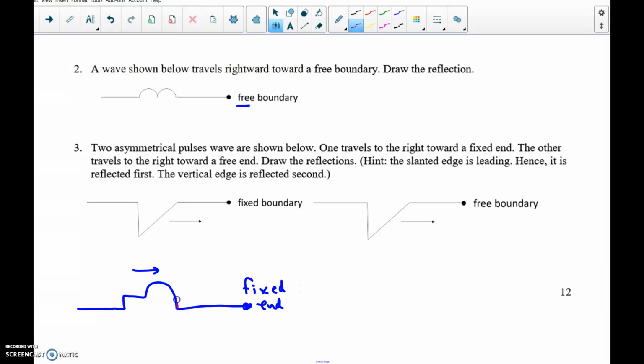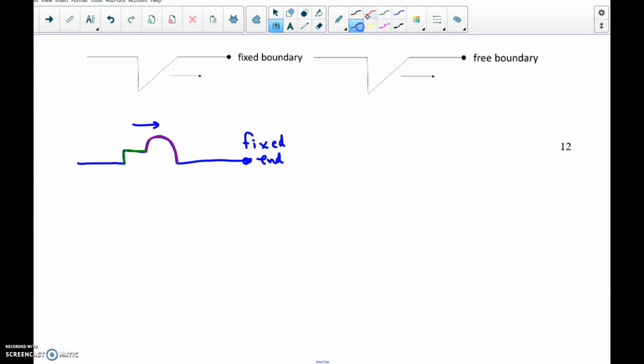You see this part in purple? That part is out front, and the part in green is trailing behind. So when this wave reflects, we know because it's fixed, it's going to invert. The wave will flip. All right, let me draw that.